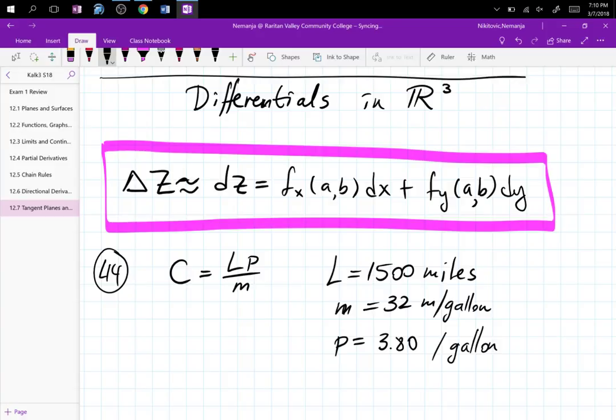So that's the cost. So what do I need? What do I want to consider? Say, estimate the change in the total cost of the trip. So we are looking for the change in the cost of the trip.